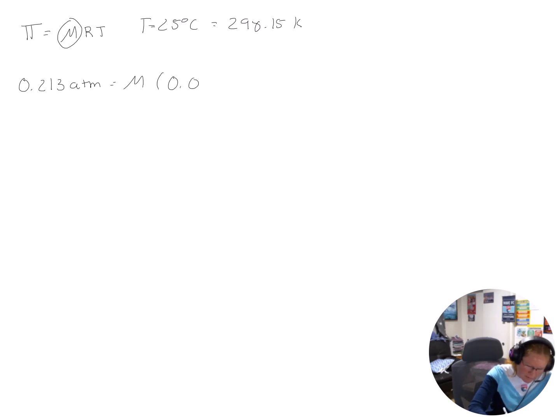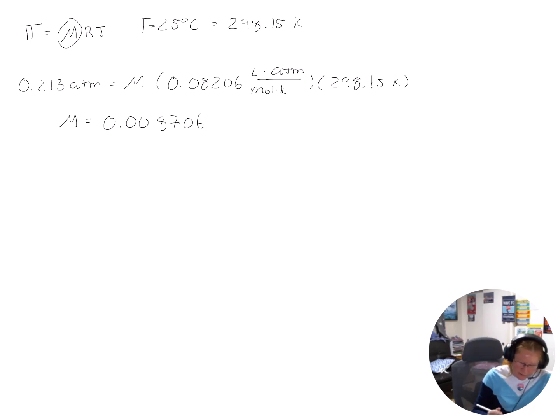We're going to use the 0.08206 liter atmosphere per mole Kelvin, and our temperature was 298.15 Kelvin. So when we solve, we get a molarity of 0.008. Now remember, this is moles of pepsin per liter. Okay.